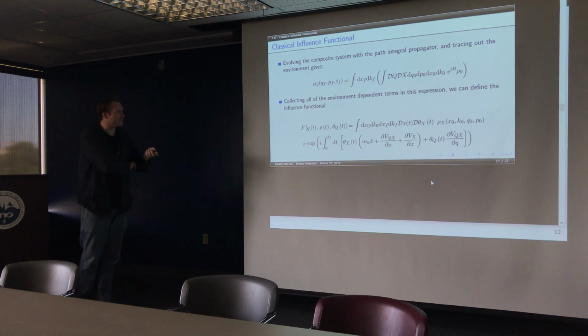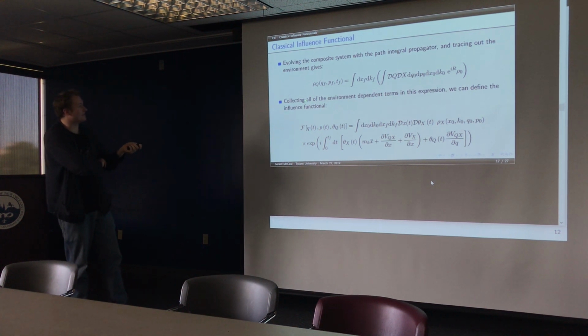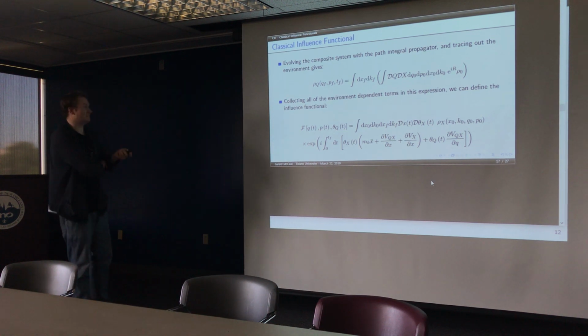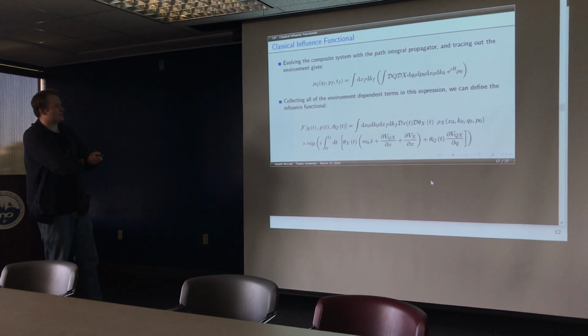So if we take our classical path integral, we evolve the whole object with this classical path integral. The path integral variables are over our open system, our environment, and the initial coordinates for both. Then we take the trace over that. That will give us the state of the reduced system at some time t.